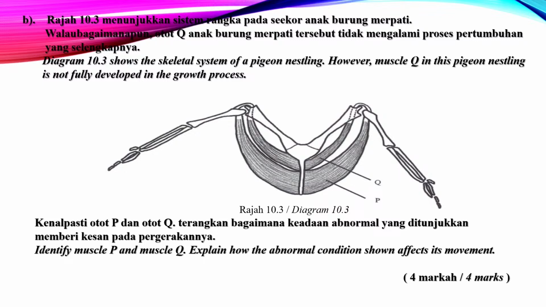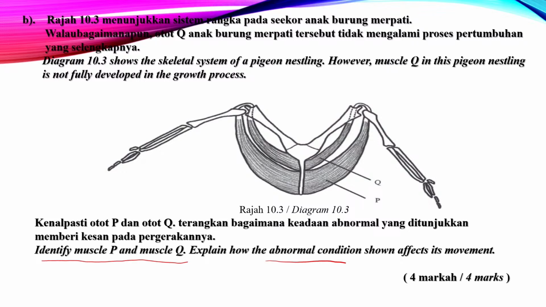Identify the muscle P and muscle Q. Explain how the abnormal conditions shown affect its movement. So the marks given is 4, but the question asks 2 things. First, identify muscle P and Q. The second, explain how the abnormal condition can affect. Let's see the answer.